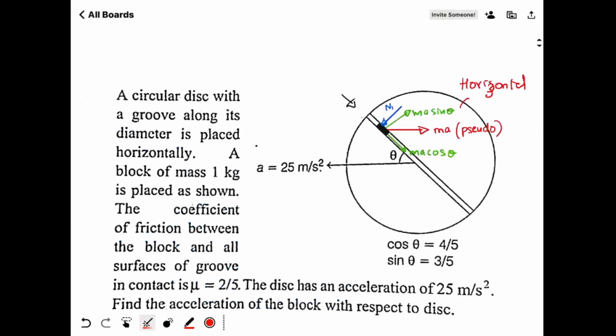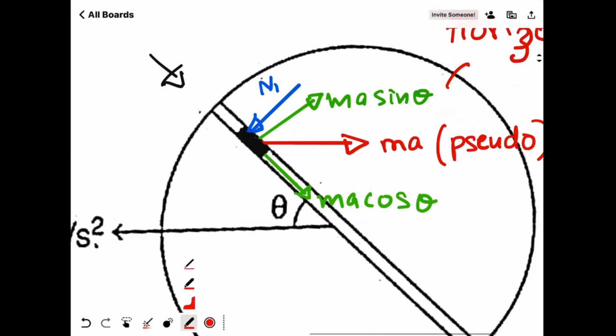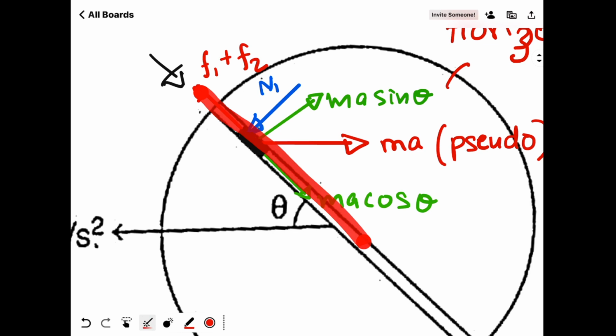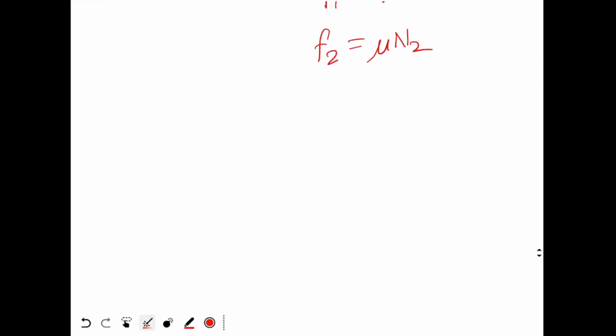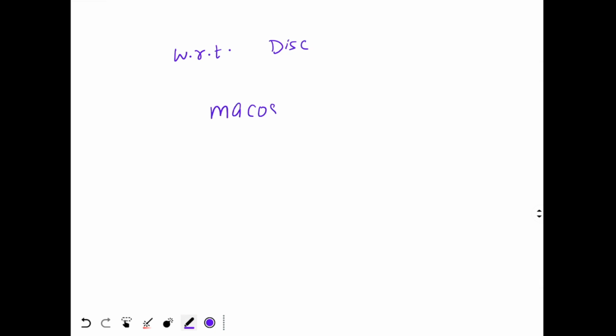So this is what we are getting in our system over here. We have net frictional force opposing the motion of the block, F1 plus F2. Okay, so along the groove, what is happening? I have net force ma cos theta minus (F1 plus F2). So with respect to disk, the net force is ma cos theta minus (F1 plus F2), and this gives me mass into relative acceleration.